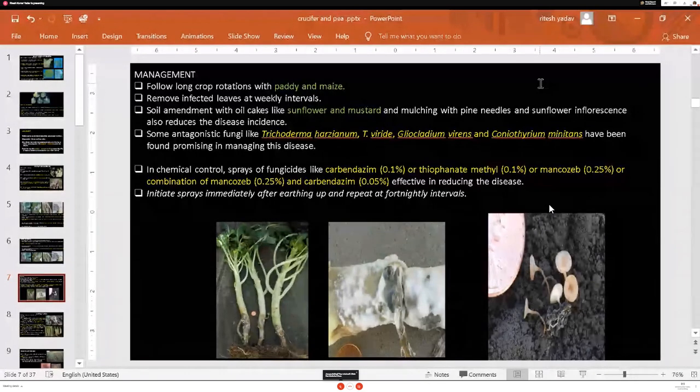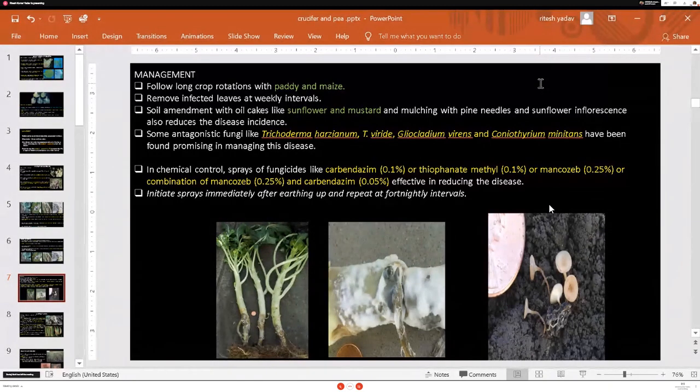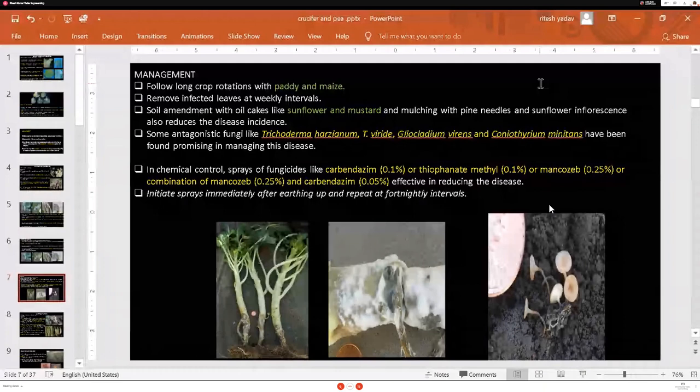So about formulation, I have already taught you how to do soil application. So again, in this case, mix 5 liters. Generally liquid formulations are better as compared to talc based formulations. The viability of the Trichoderma spores is better in liquid formulation. So liquid formulations are preferred over talc based formulations.